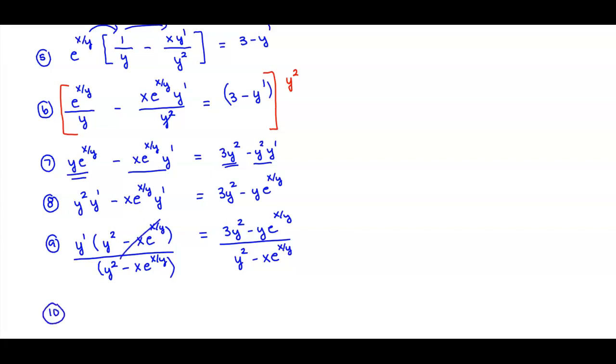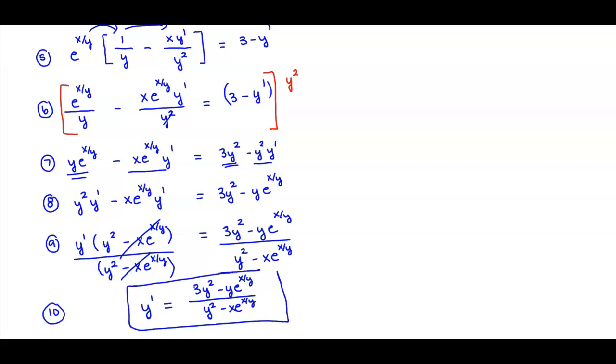And therefore, we end up with y prime, which is equal to 3y squared minus y e to the x over y divided by y squared minus x e to the x over y. And therefore, there is our derivative, solving it implicitly for this particular problem.